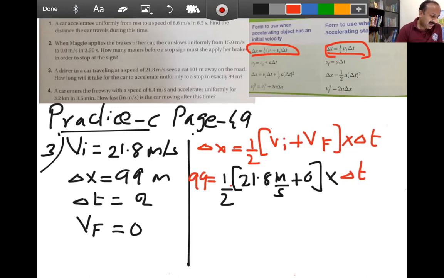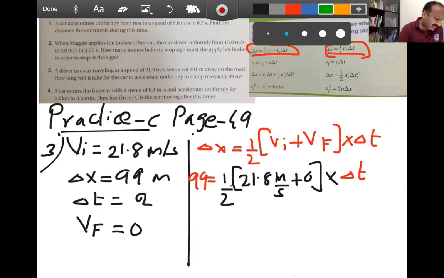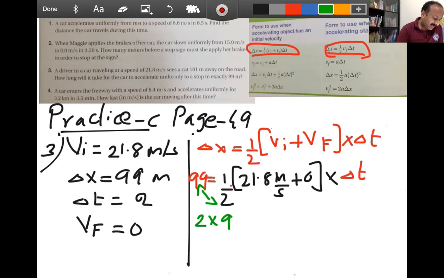Okay, so now you can rearrange this equation. You can cross multiply this 2 and 99, so you can bring 2 to the numerator. So 2 times 99 will be equal to 21.8 meter per second plus 0, you don't want to consider that one, times delta t.